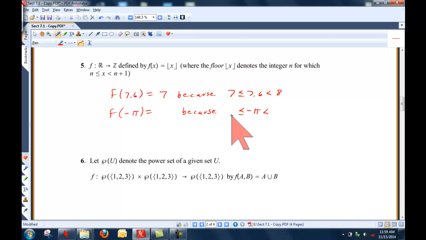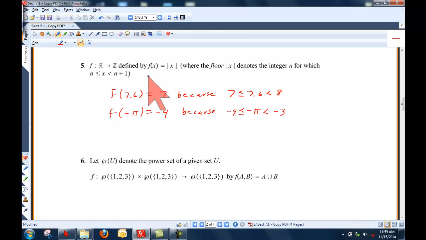I have to put something here and then one more here so that the inequalities are true. And the right thing to do is put negative 4 here and negative 3, which is 1 greater, here. So negative pi, negative 3.14, satisfies both of these inequalities. And so the answer, or output, is negative 4.